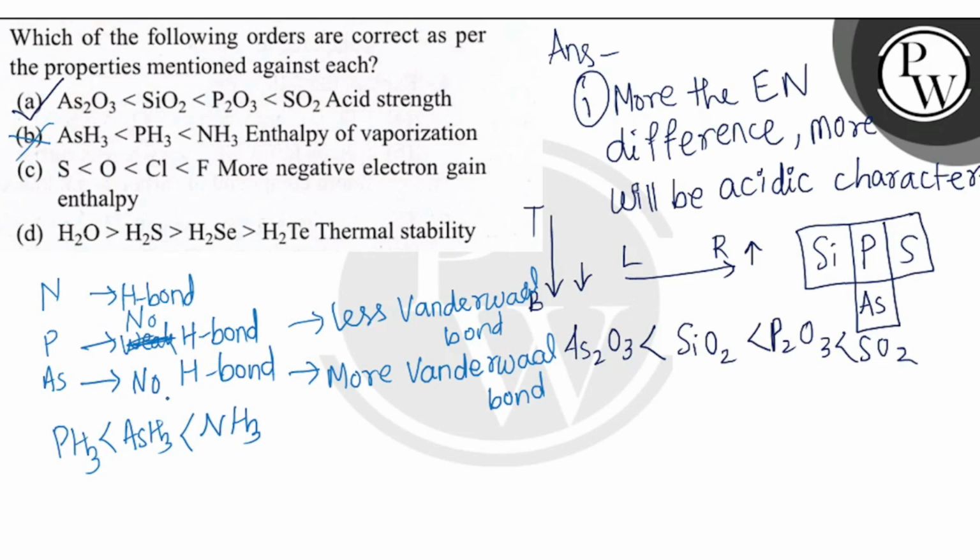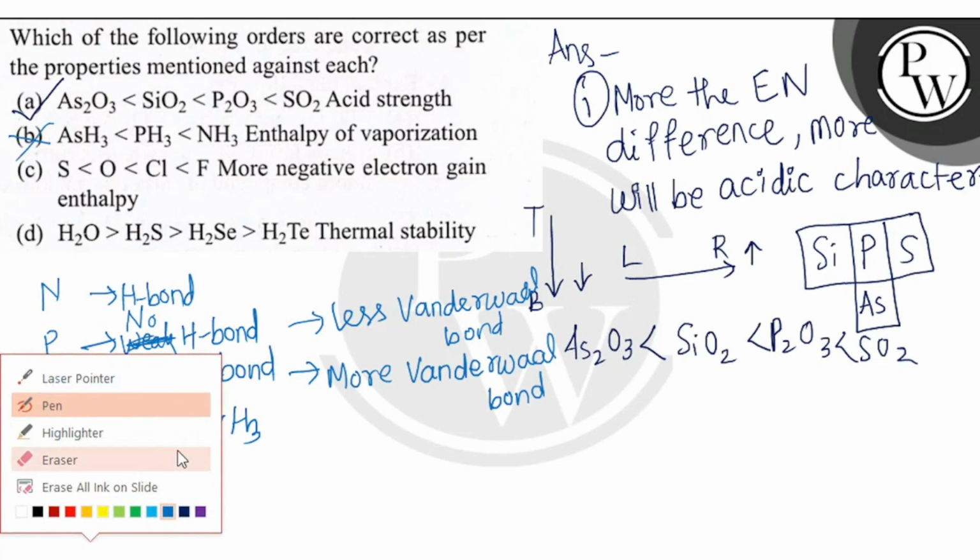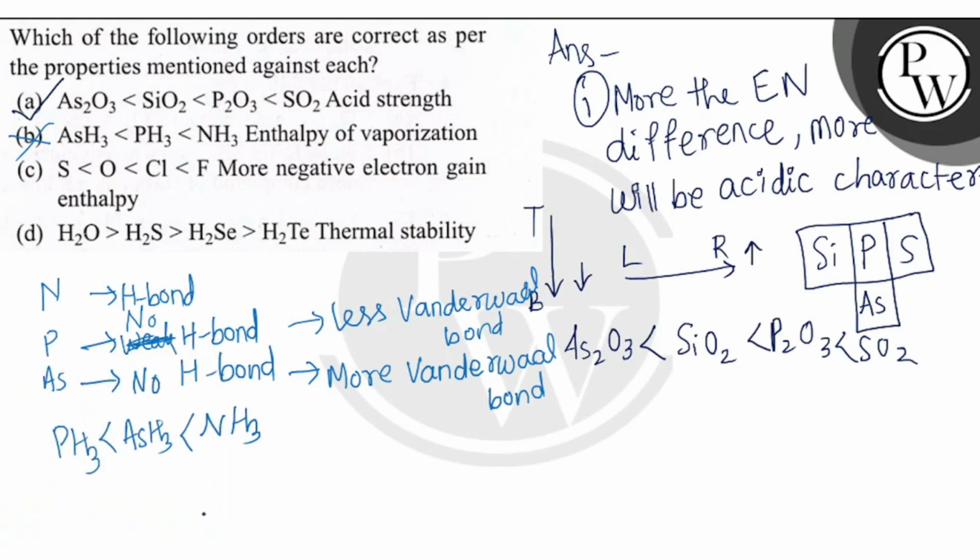Then we come to option C, the negative electron gain enthalpy. We know that if we move from left to right along a period, the negative value of electron gain enthalpy generally increases. So accordingly, sulfur has the lowest, then oxygen, then fluorine.